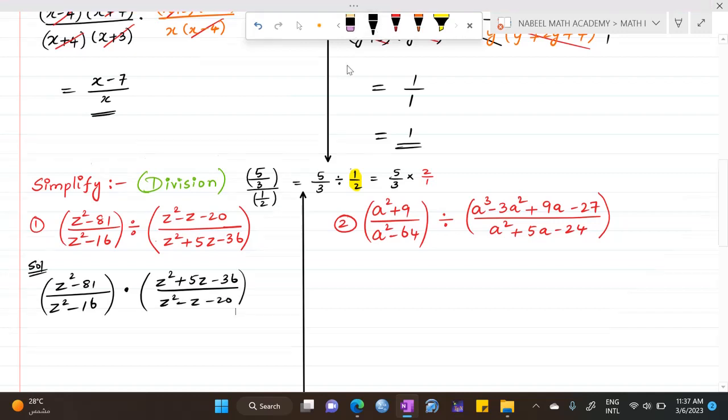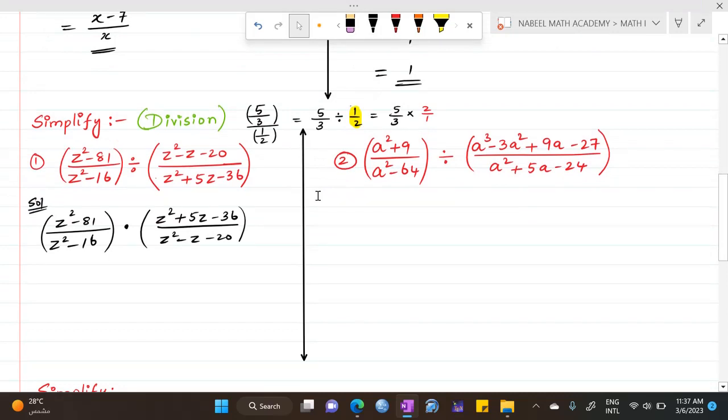Now it is the regular way we have done before. Factoring here, it is z minus 9, z plus 9 over, in the denominator, z minus 4, z plus 4. The first part is over.